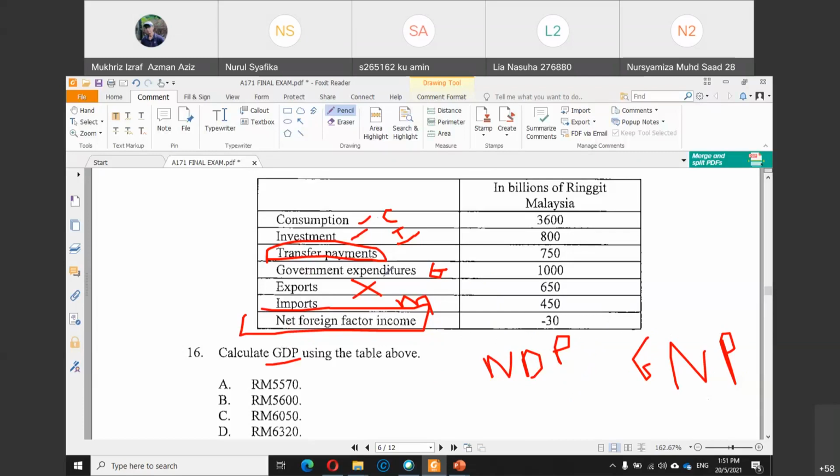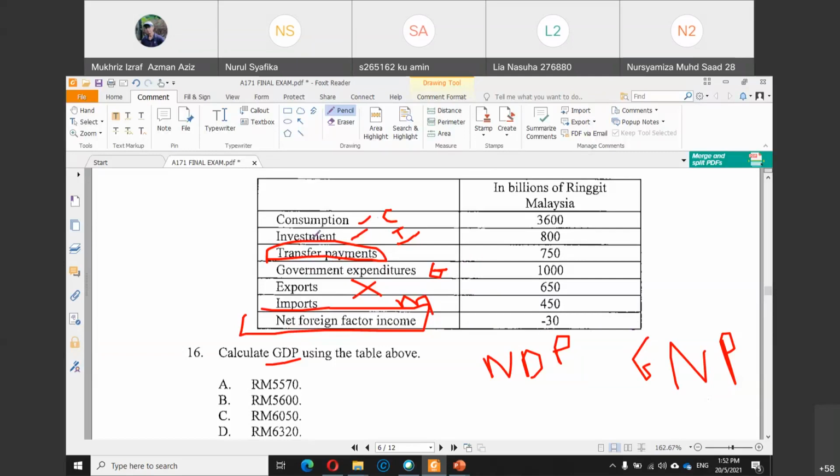The component may belong to the expenditure approach or income approach, but it is not used to calculate GDP. So this is the kind of question that you can expect to get. Be alert on which components belong to GDP, GNP, and NDP.